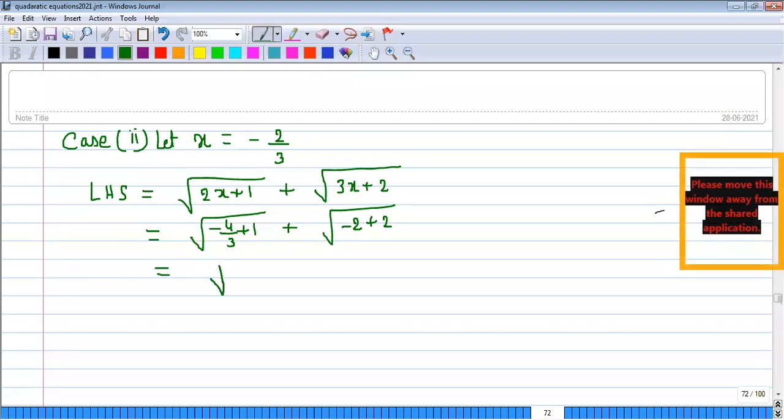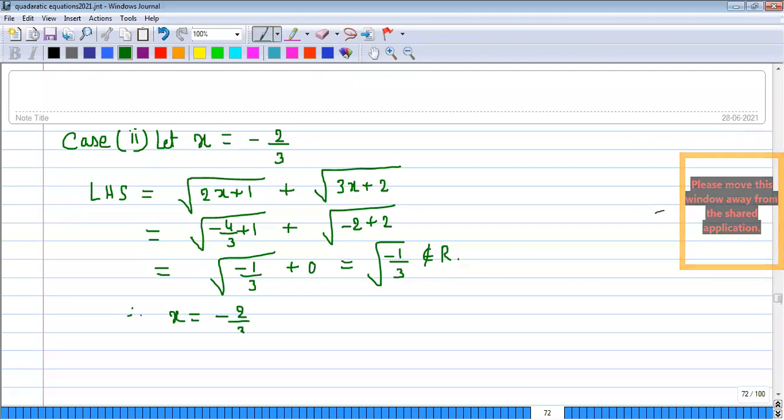So this will be root of minus 1 by 3 plus 0. So root of minus 1 by 3 does not belong to the real numbers. Therefore, x is equal to minus 2 by 3 is not the root of the given equation.